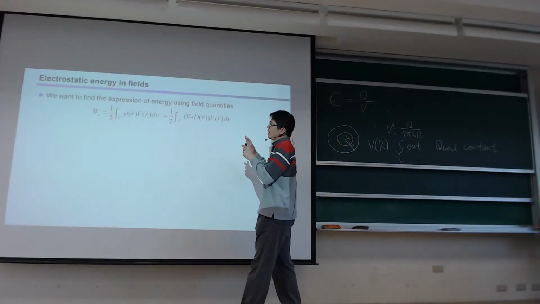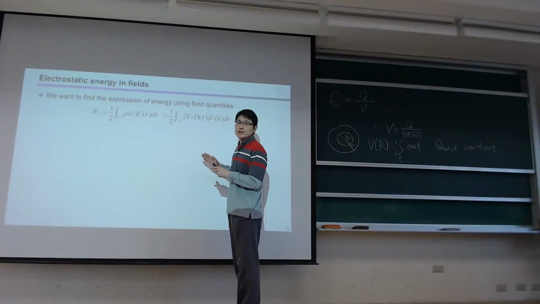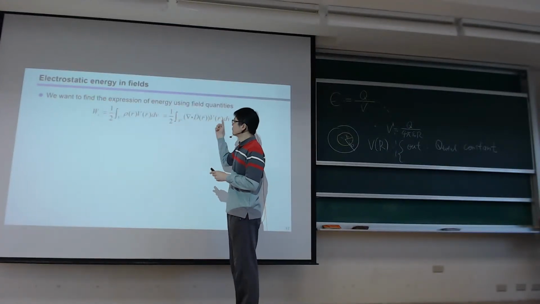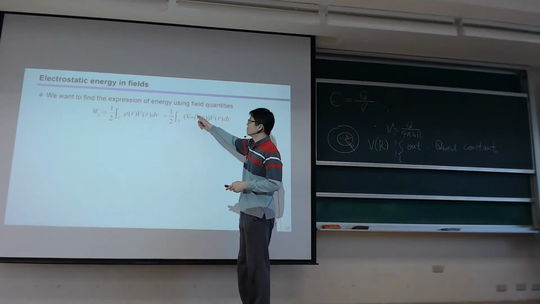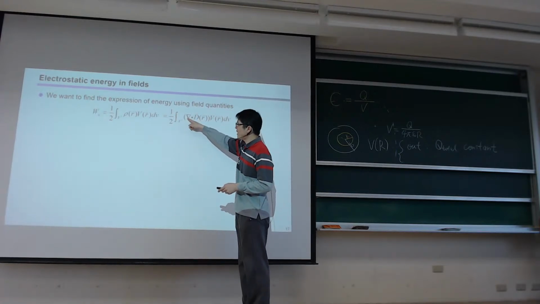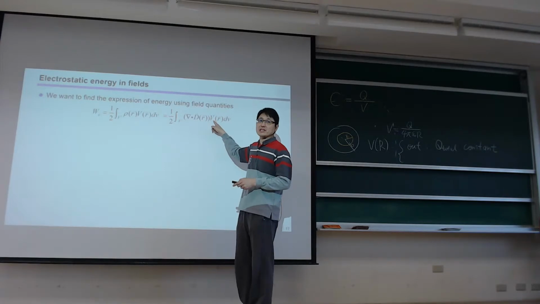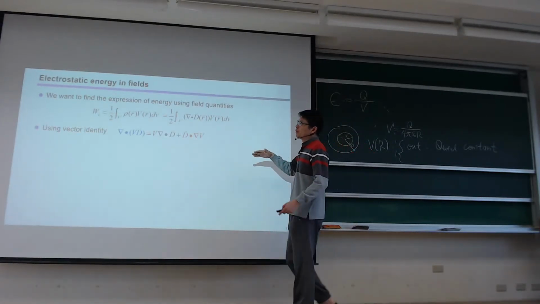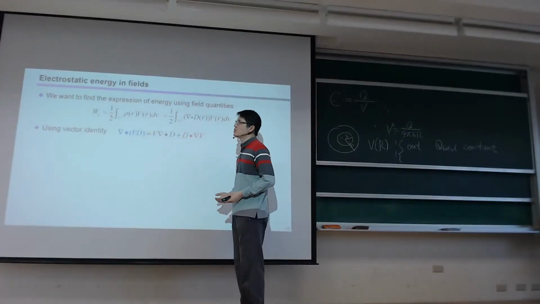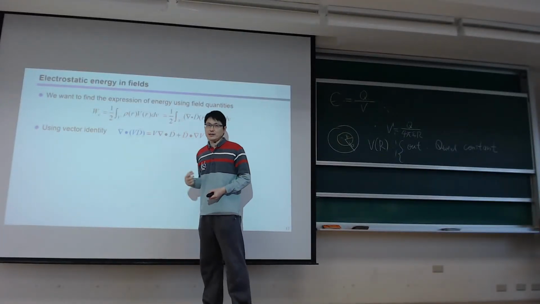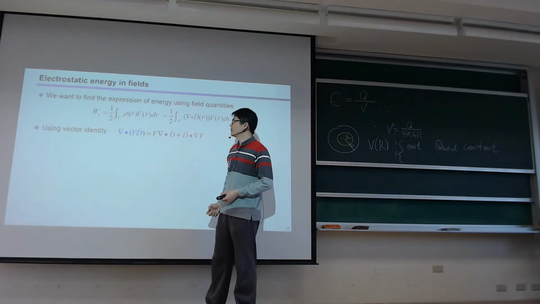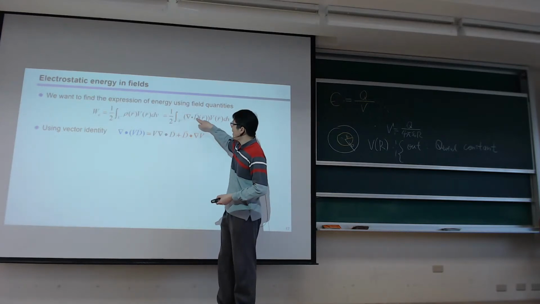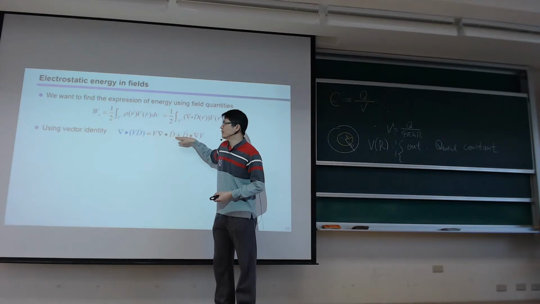We don't have the adequate mathematical skill to perform the integration of a vector field, after divergence, multiplied by a scalar field. So this is the point where we like to introduce a vector identity. What we have is the black term, right?